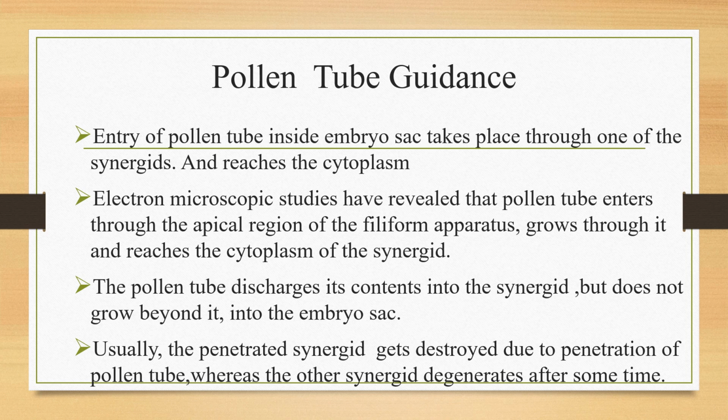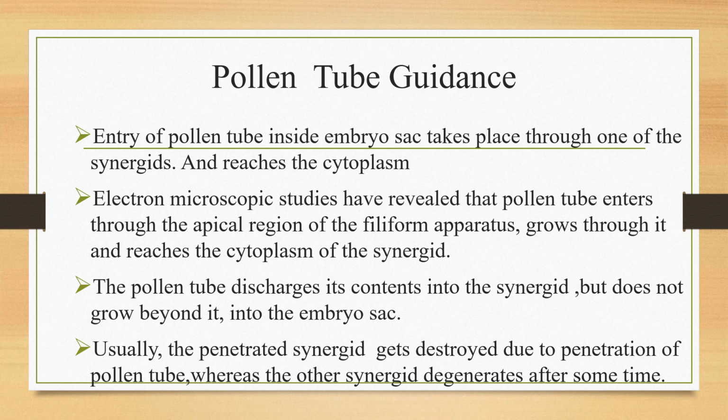Entry of the pollen tube inside the embryo sac takes place through one of the synergids, and it reaches the cytoplasm of the synergid. Electron microscopic studies have revealed that the pollen tube enters through the apical region of the filiform apparatus, grows through it, and reaches the cytoplasm of the synergid. The pollen tube discharges its contents into the synergid, but does not grow beyond it into the embryo sac.